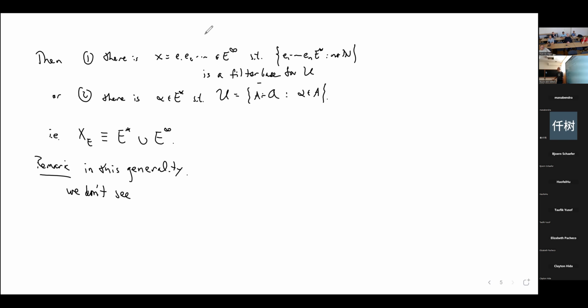And the closure of the maximal elements is what we call the boundary. And it's the restriction to the boundary that gave us our Cuntz-Krieger algebras. So in this very general notion of ultrafilters in this ring of sets, we don't see what the maximal elements are.